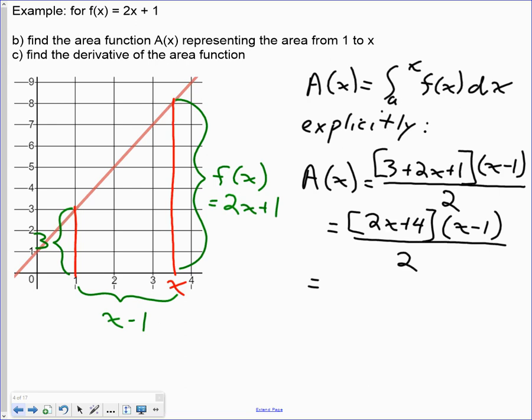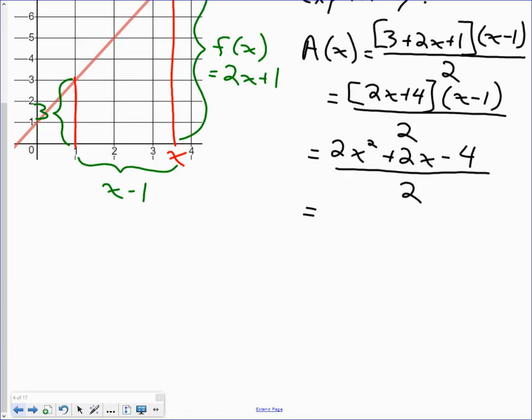Expanding this out gives us 2x squared minus 2x plus 4x. It's plus 2x minus 4 all over 2. x squared plus x minus 2.